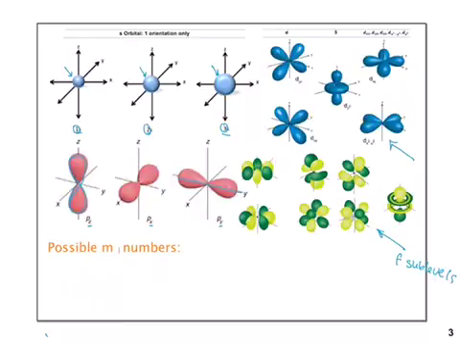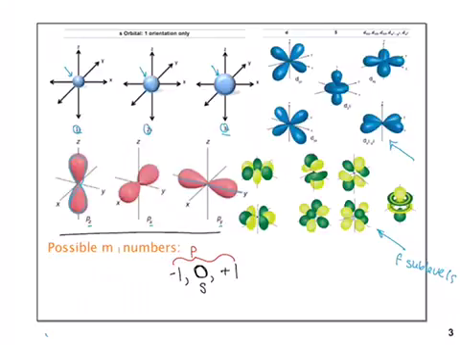So your possible values, we'll start with S. Your possible value for your S magnetic number is 0. That's it. Then we go out from either side, and now with our P sublevels, there are 3 possible numbers for the 3 different orientations. So we can go either -1, 0, or +1. So those are your 3 possibilities. Maybe I'll keep it color-coded here with the red for your P sublevels.